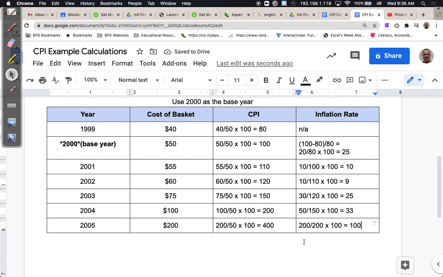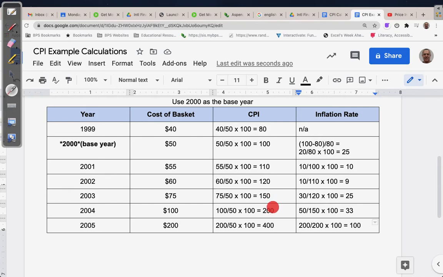All right, so let's compare. How do we read these numbers? When I look at the CPI, when I look at what's going on from 2003 to 2004, I can't say that prices went up 50%.